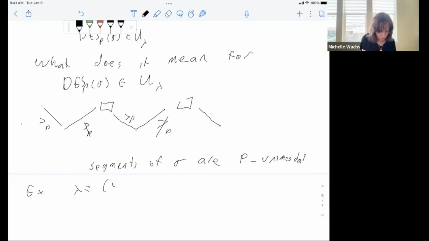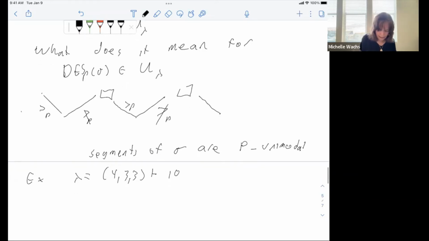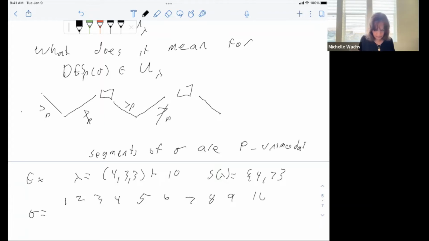Lambda is 4, 3, 3, the same example we had before, which is a partition of 10. S lambda is 4, 7. Sigma is 8. I'll write sigma in 2-line notation. 1, 2, 3, 4, 5, 6, 7, 8, 9, 10.